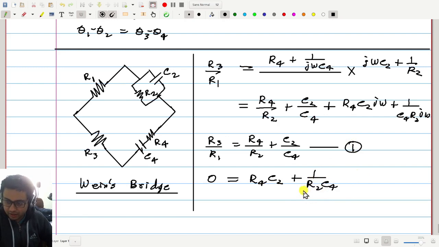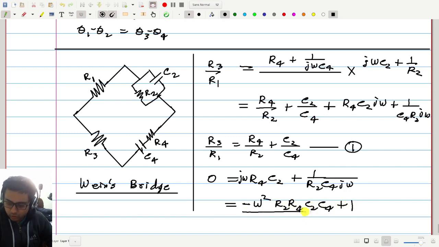In this second equation, I also have j omega. So I can write minus omega squared R2 R4 C2 C4 plus 1, whole divided by this thing, is equal to 0.